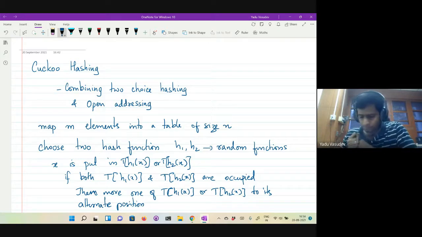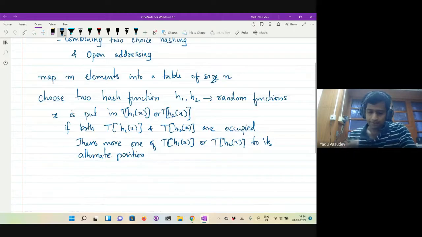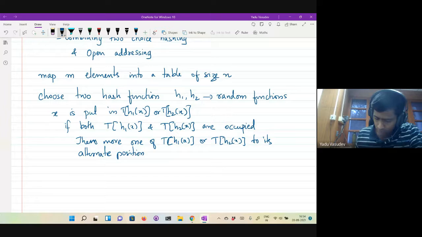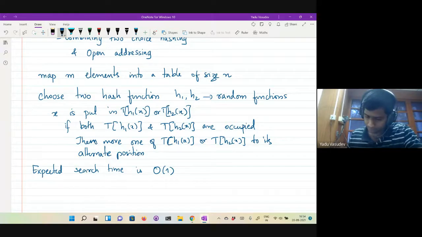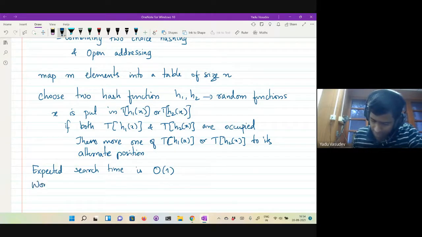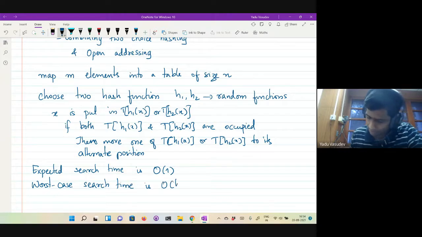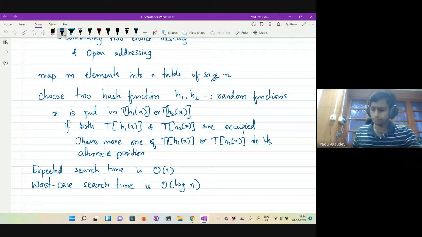And what we wanted to show for this cuckoo hashing was that the expected search time is order 1, and also the worst case, which we will see briefly, is order log n. So we were in the process of trying to prove this statement.